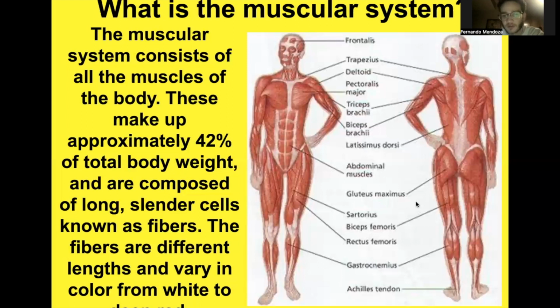We have also the gluteus maximus, the sartorius, the biceps femoris, the rectus femoris, the gastrocnemius, and the Achilles tendon. This tendon is just a part of the muscle. Actually, tendons and muscles are not the same, but part of the same thing.